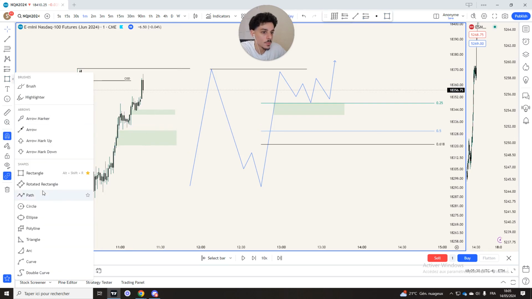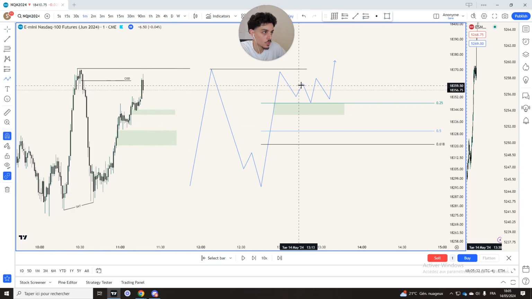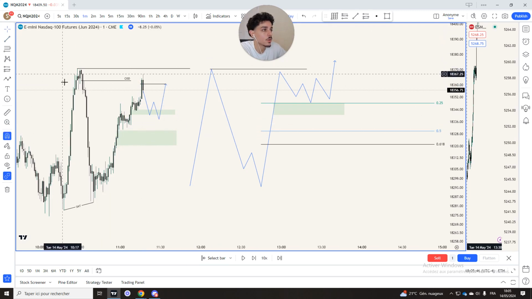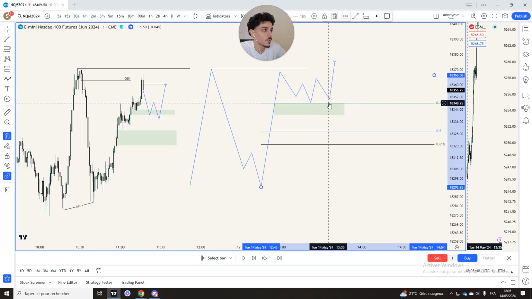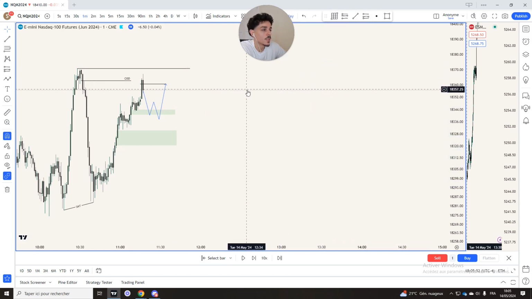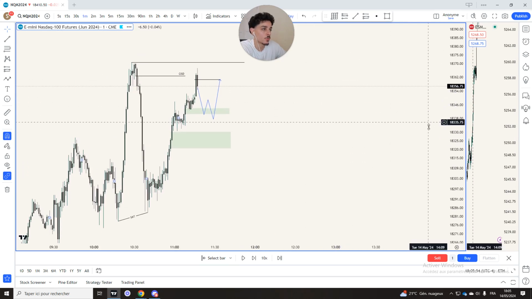What will happen most of the time when you're trying to play this model is that you're going to sweep this low, tap this gap, create your inversion breaker model, and this order block will hold. Why? Because there's a 5 minute fair value gap below, and if you're trying to target an external buy side level or sell side level, you need to get delivered by a higher time frame fair value gap than the 1, 2, or 3 minute.